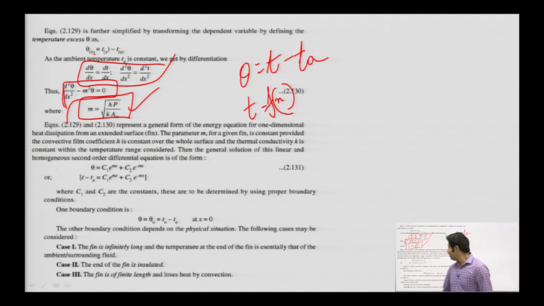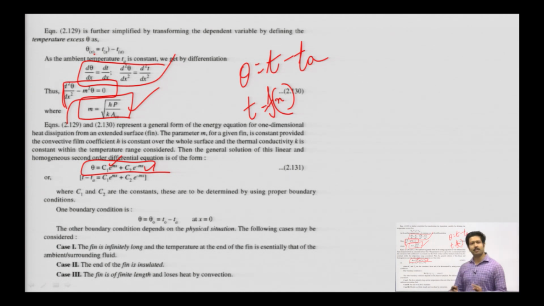It is C1 into the positive exponential term, plus C2 into the negative exponential term. Here you can see it is minus mx and positive mx. C1 and C2 are constants.